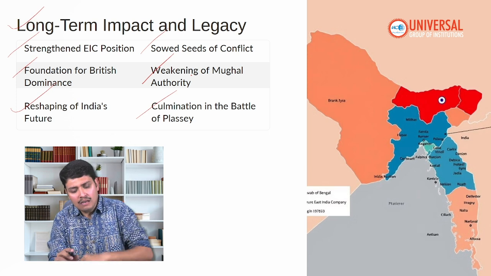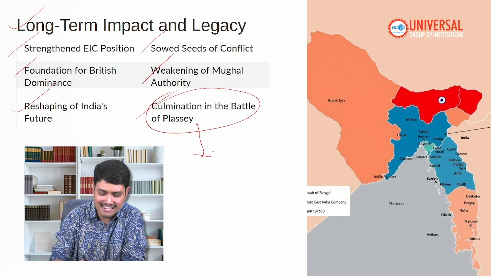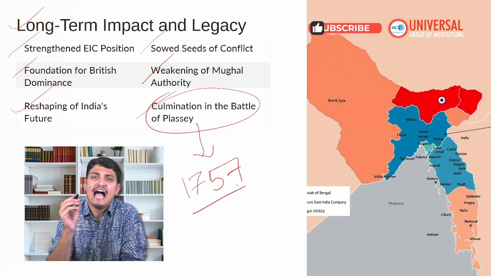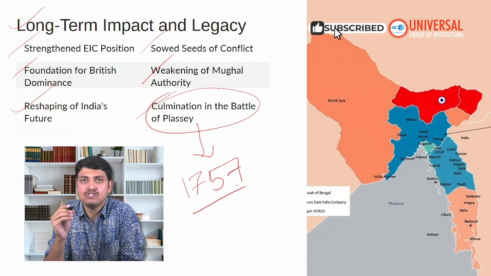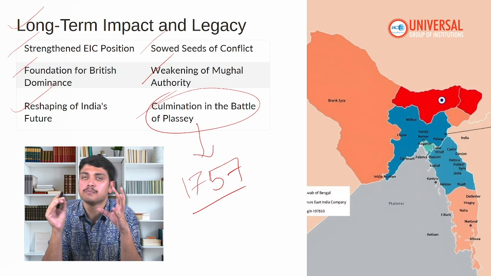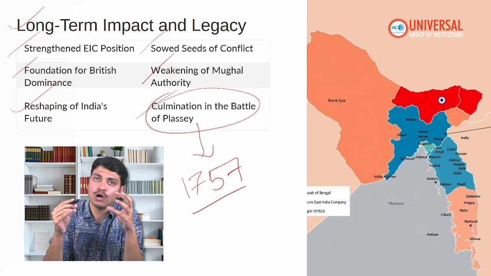And culmination in the Battle of Plassey. This is a very important point. Why? Because in 1757, the Battle of Plassey took place. And in the Battle of Plassey, it was almost decided that the British were looking for making a colony.